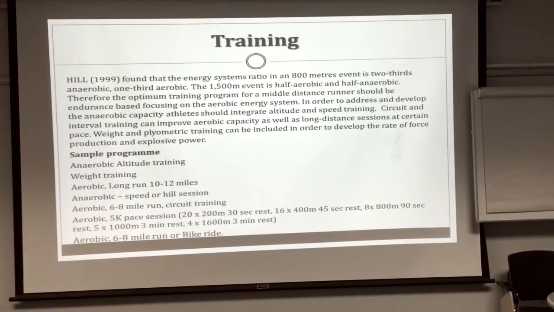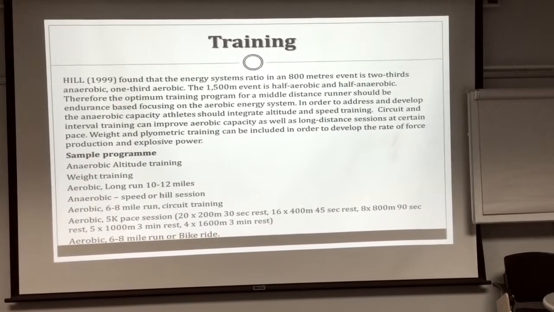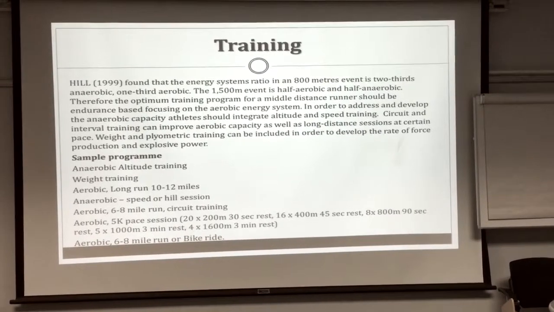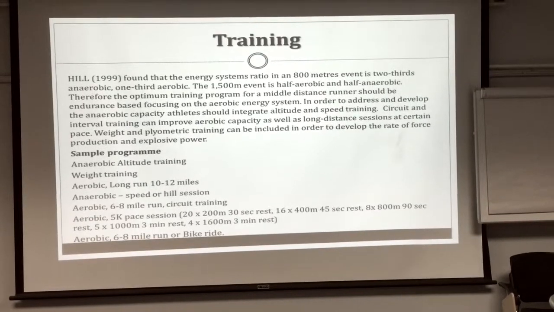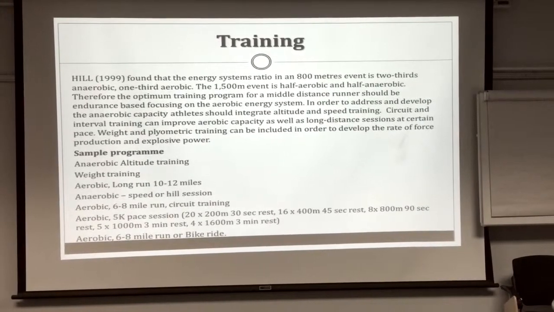Circuit and interval training can improve aerobic capacity, as well as long distance sessions at a certain pace. Weight and plyometric training can be included in order to develop the rate of force production and explosive power.